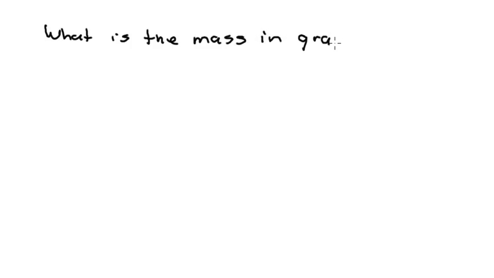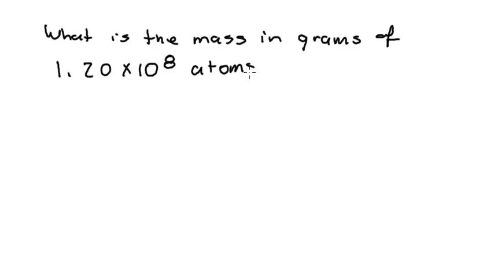Okay, so let's say that our problem is going to combine our two, and the question is, what is the mass in grams of 1.20 times 10 to the 8th atoms of copper, which is Cu.